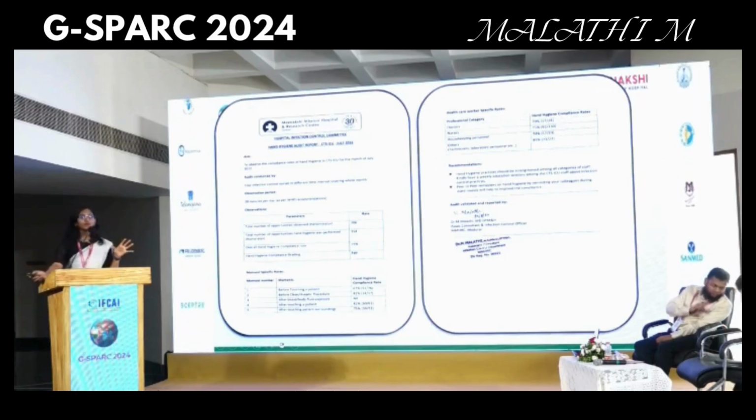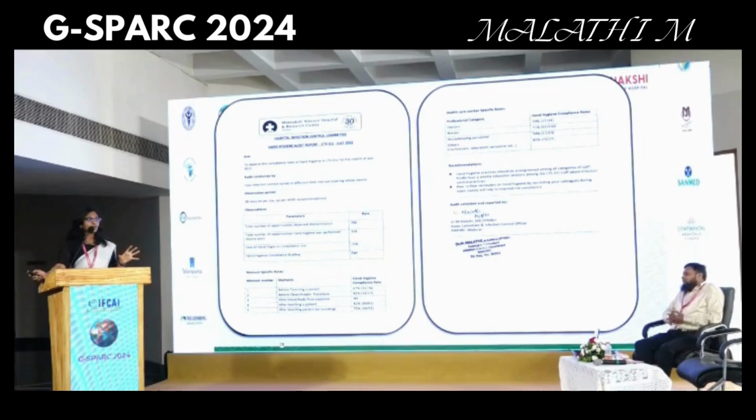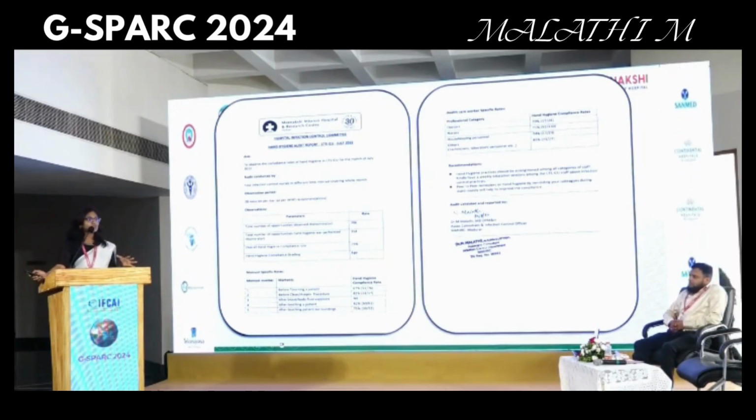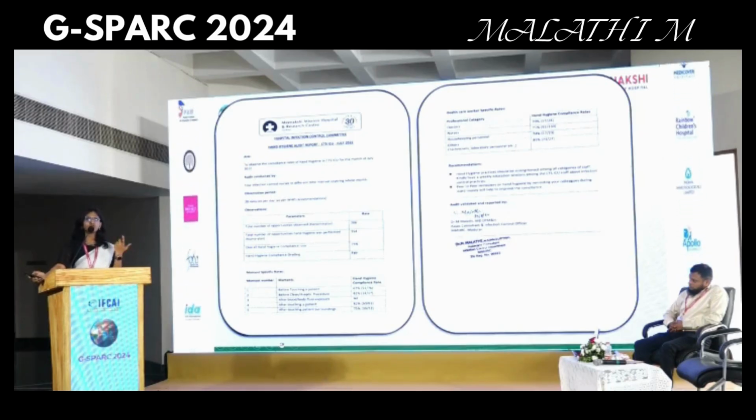an audit report. So this is one good audit report, which I have learned from CMC Vellore. So whenever you give it, don't just give the overall percentage, give the moment-wise reports and professional category-wise reports, which moment exactly they are lacking, which professional category is exactly lacking. Give this report not only to the clinicians, but to the housekeeping personnel head, to the physiotherapy head.